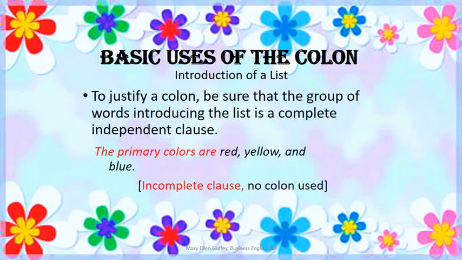As I said before, the justification is very important. You must be thinking where to use the colon, but you need to remember that we have to be sure that the group of words introducing the list is a complete independent clause. This is an incomplete clause, and that's why we're not going to add any colon. So we don't need a colon here.